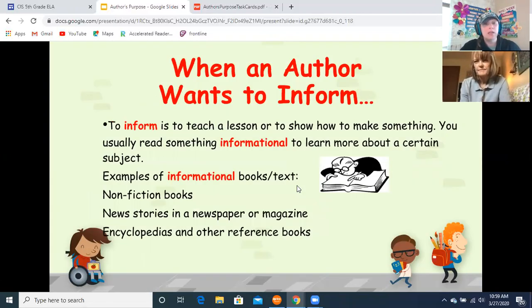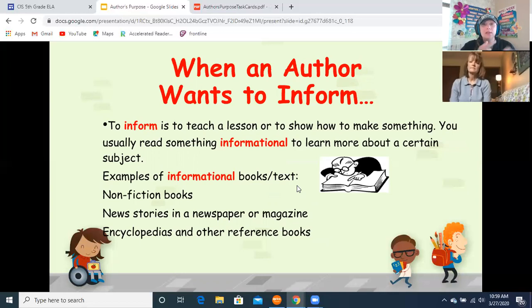Now, inform is when you are being taught a lesson or shown how to make something. So you usually read something informational on a certain subject, like we discussed polar bears. You read all the information about the polar bears and you actually are learning something. And we talked about sharks at one point.